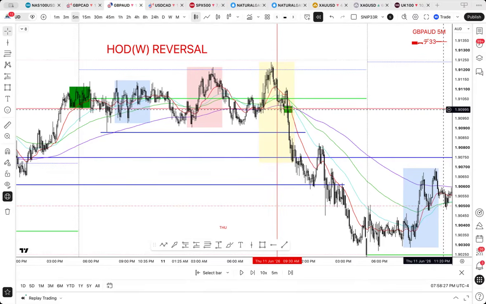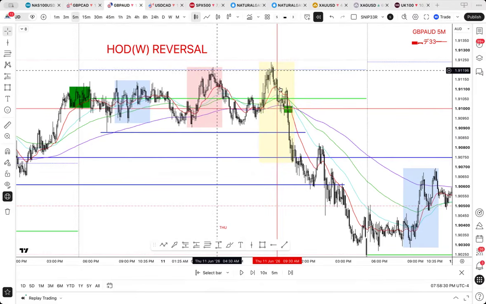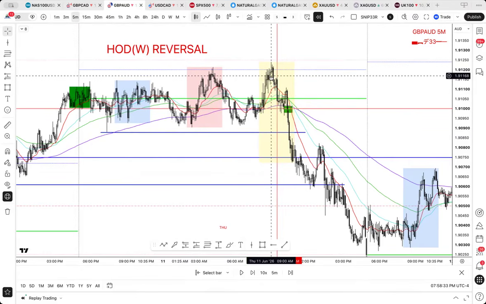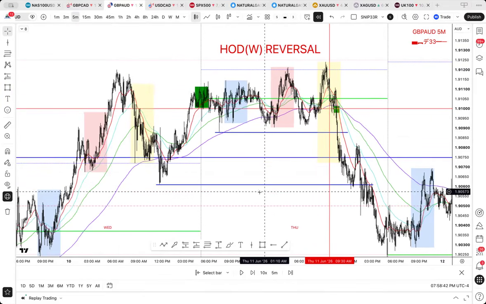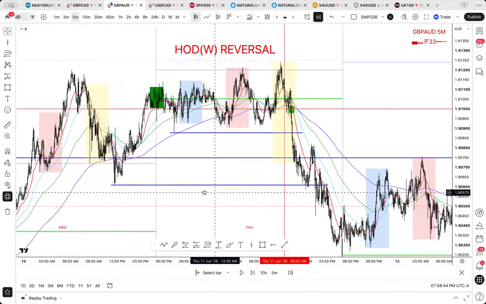This was our ceiling. They consolidated up here at the high of the week, and usually large moves come from consolidations.